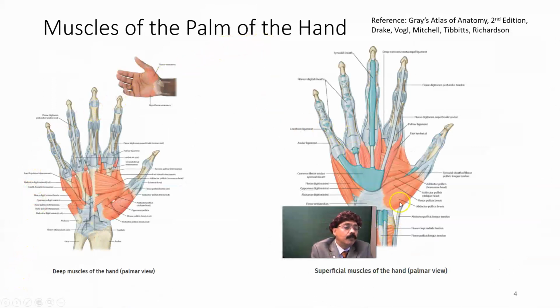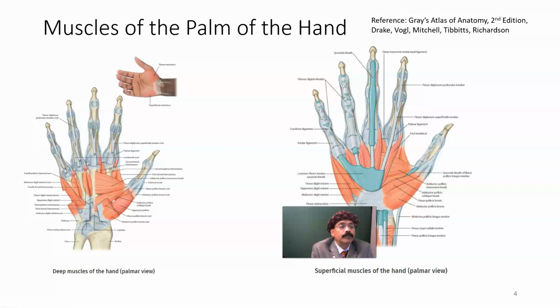Here is the abductor pollicis brevis muscle, the flexor pollicis brevis, the adductor pollicis oblique head, and the adductor pollicis transverse head. These are the thinner muscles. What is the nerve supply of these muscles? They are mostly supplied by the median nerve, except the adductor pollicis, which gets innervation from the deep branch of the ulnar nerve.